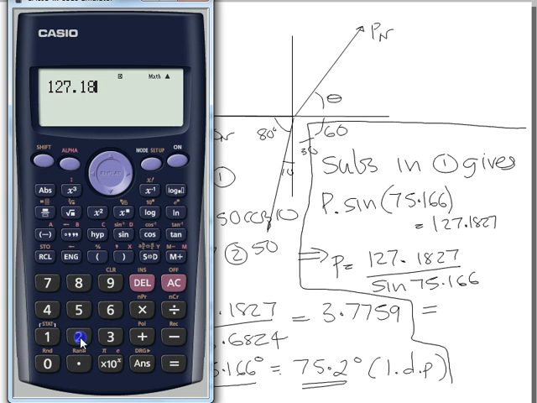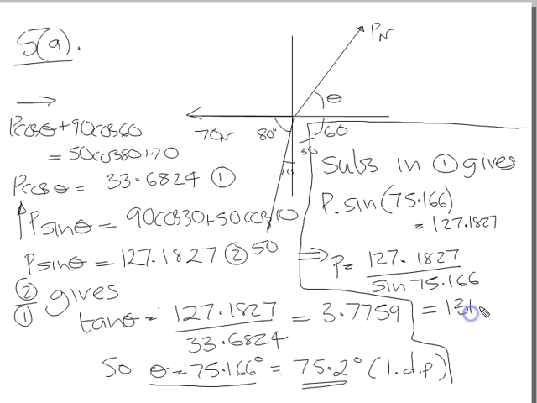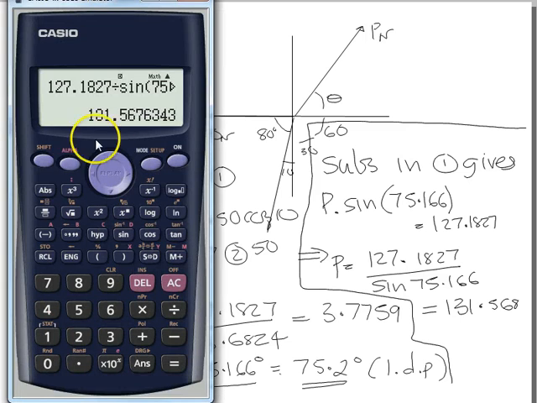127.1827 divided by sine, we're in degrees mode, 75.166. Close bracket, equals 131.568. So let's put that down. There it is there. That's an 8, isn't it?